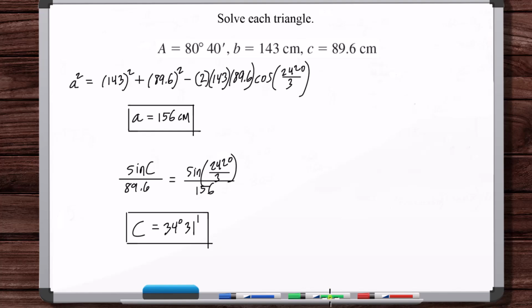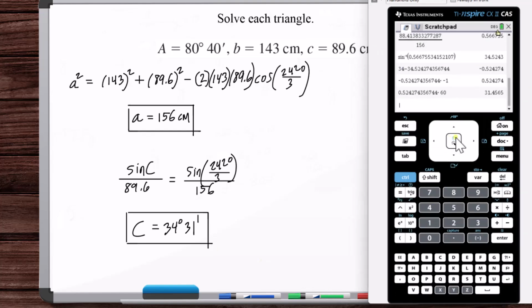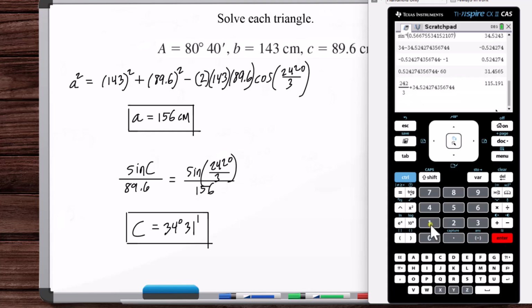Okay, and so now we can take, let's see, let's do 242 divided by 3. That's 80 degrees, 40 minutes. And add that to this. Trying to keep all the digits. And then 180 minus this.